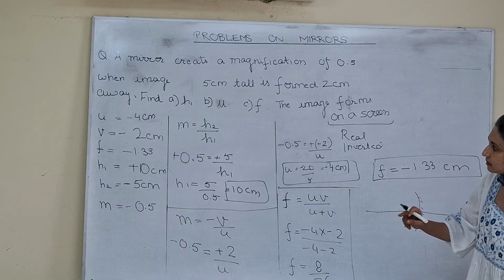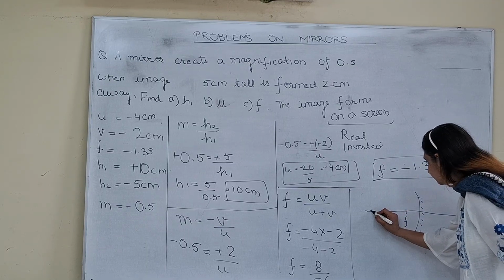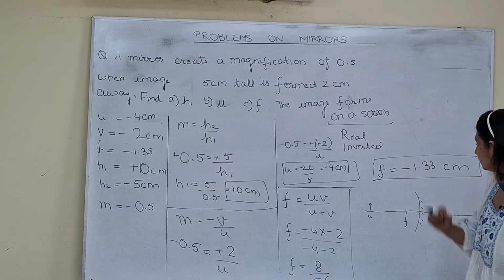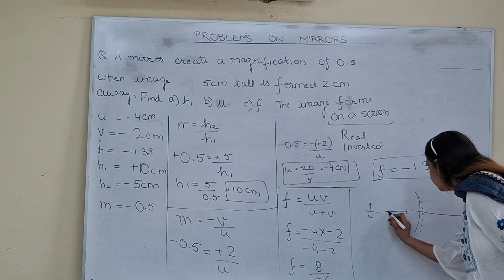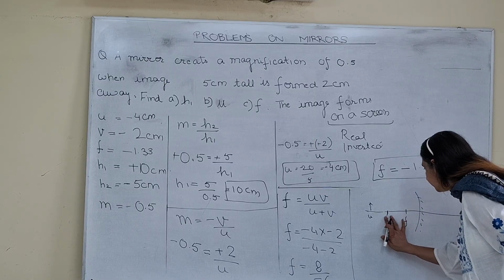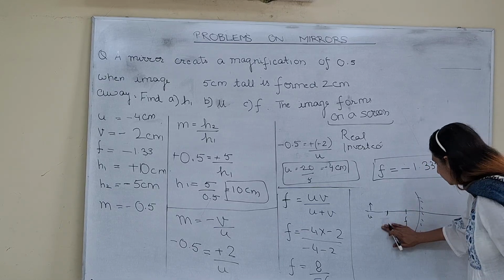Then the object is 4 centimeter away. So probably the object is here. The image is 2 centimeter away. Now remember that the image was inverted. So the image, or let's write V, image distance is here and it is inverted.